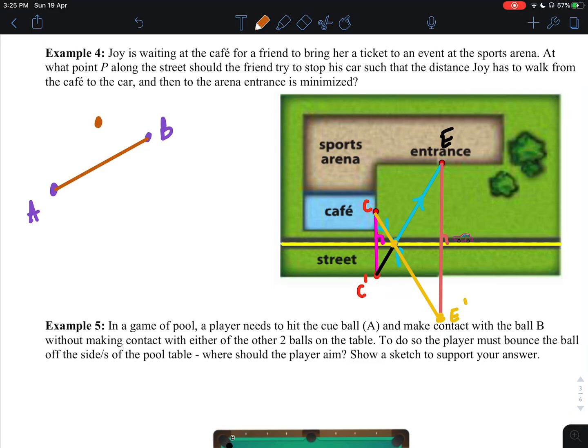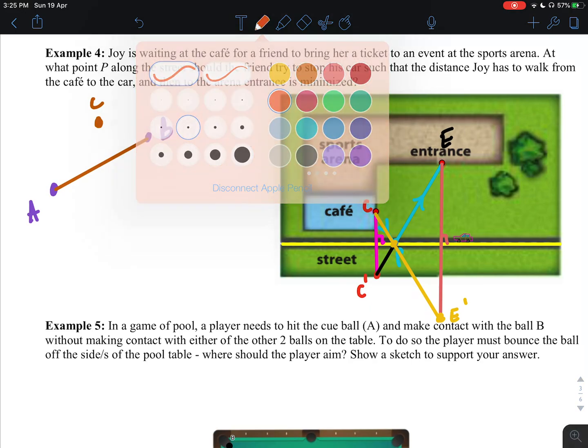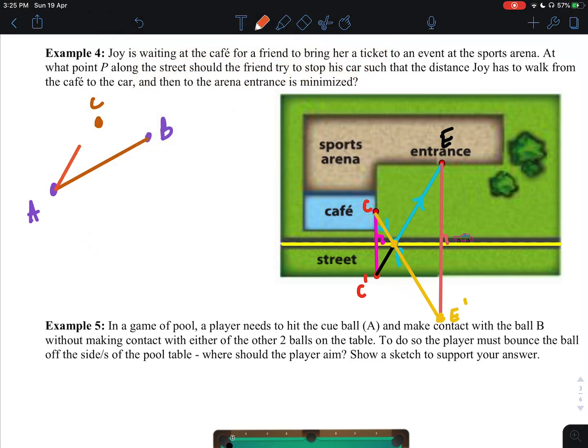And so I'll just belabor the point a little bit. If on my way to point B, I went from A to C, and then from C to B, I know that that distance has to be longer than this distance because of the triangle inequality theorem, which says the sum of any two sides of a triangle is larger than the third side.